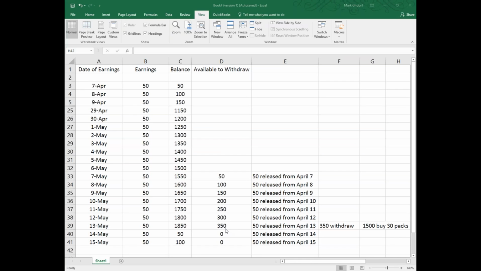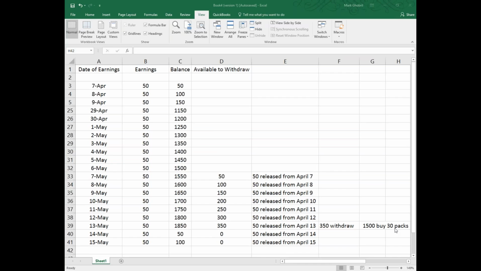It'll be available for you to withdraw, providing you don't go over what's available. So for example, if we went and bought 31 packs, which would be $1,550, this available to withdraw would only be $300. Why? Because we used 50 that was sitting here in the balance. We used that 50 to purchase packs.